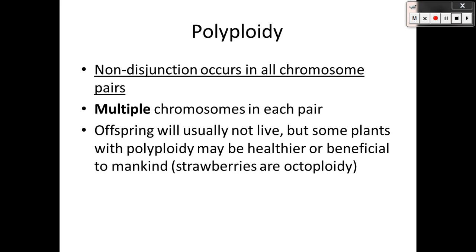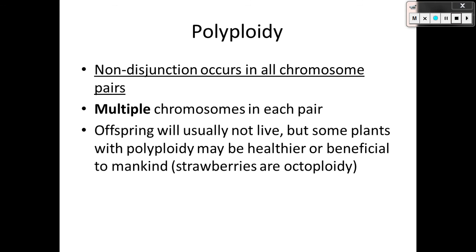Instead of having 46 chromosomes, I would have 69 chromosomes or something absurd like that, or 92 chromosomes, which, if you're a human or an animal, you can't live like that. You're in genetic overload. Your whole body just aborts it and you die.